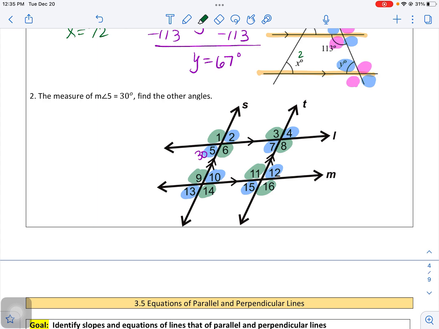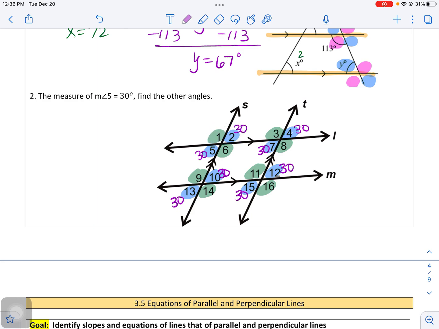And now we've got to find all the angle measures. So if I know my blue angle is acute, that means all the acute angles that are blue are also 30 degrees. And I'm just going to go through and write that in. All my blue angles are 30. Now remember, an obtuse angle and acute angle equal 180 degrees.